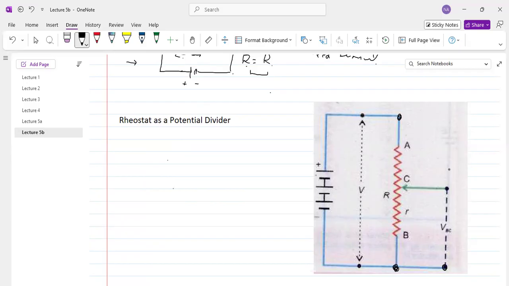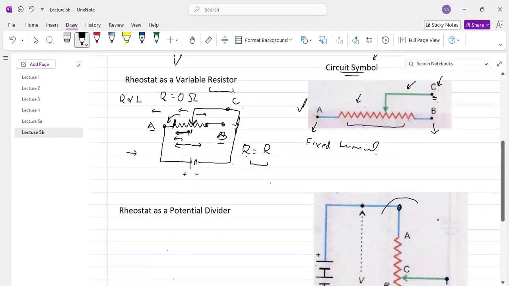So this part of the figure exactly shows the way I have told you to represent the presence of a rheostat inside an electrical circuit.